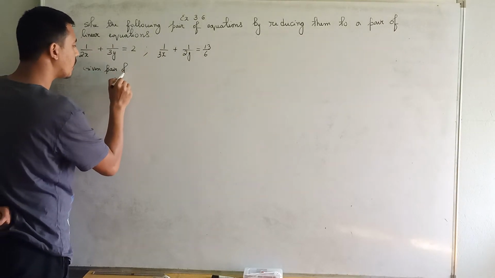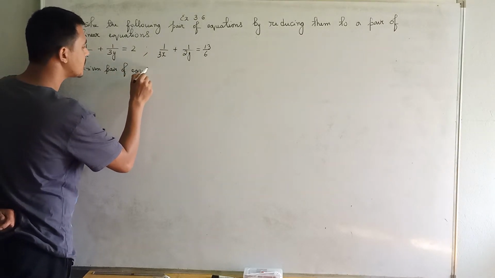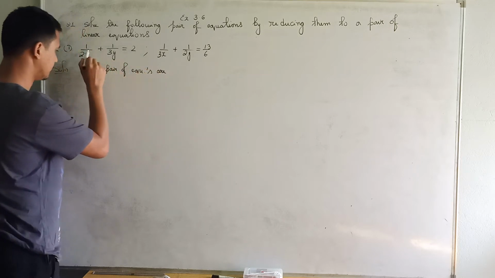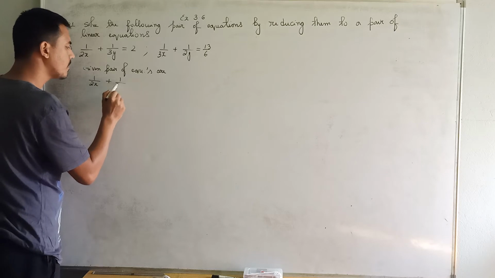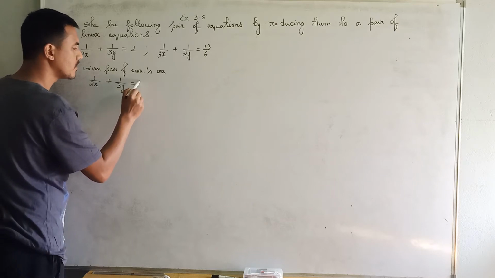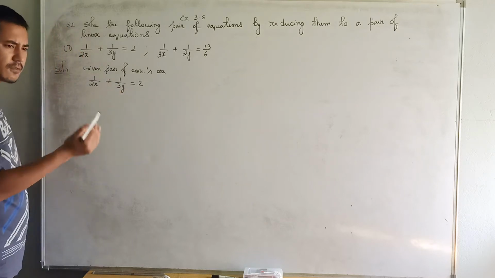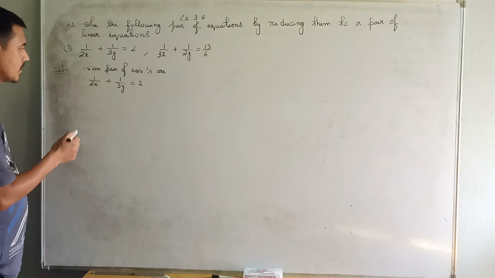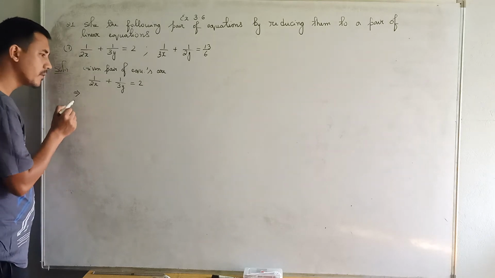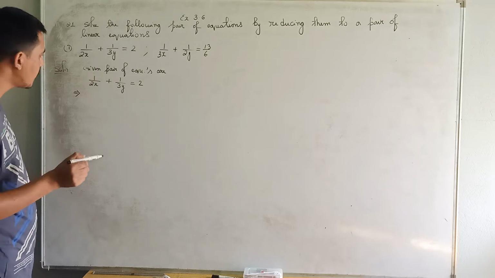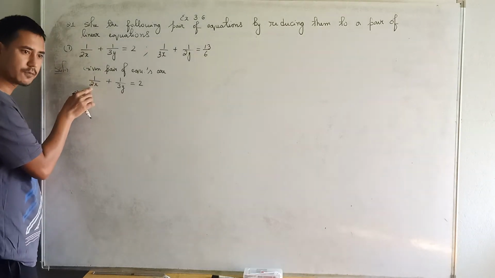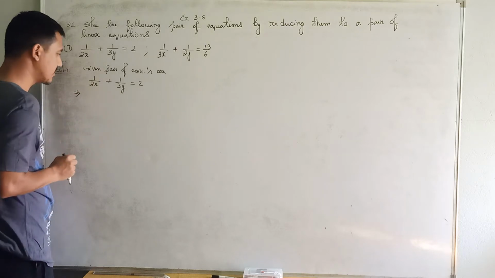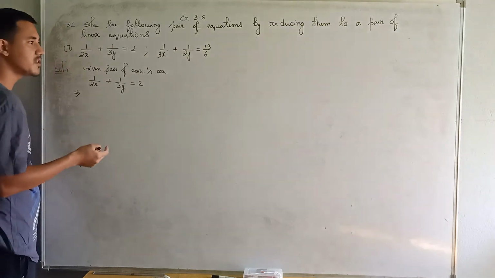Given pair of equations are 1 by 2x plus 1 by 3y is equal to 2. You separate the coefficient from the variable here. How are you going to do that? What is the coefficient here? 1 by 2 is the coefficient, right? Yes. So you separate the coefficient from the variable.